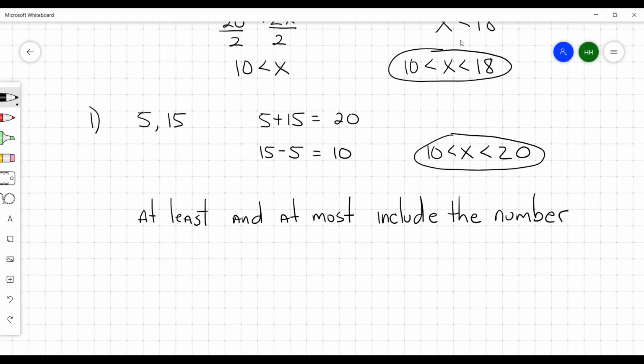That's where you got to be careful here. At least would be like greater than or equal to, and at most would be like less than or equal to. We don't want either of those. It can't be or equal to. So look at answer D. You got greater than 10 and less than 20. That's answer choice D. Just be careful when you're reading those.